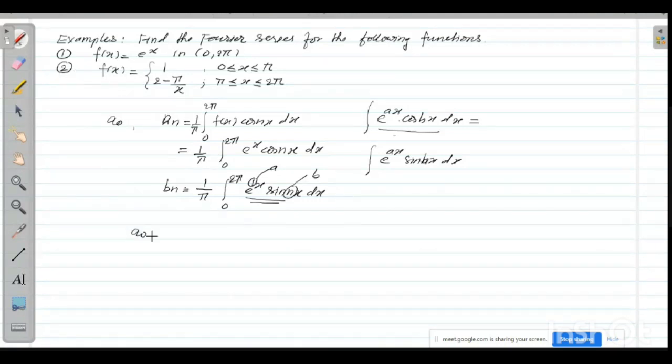For a naught, you have the formula 1 upon 2 pi, integral from 0 to 2 pi of f of x dx.